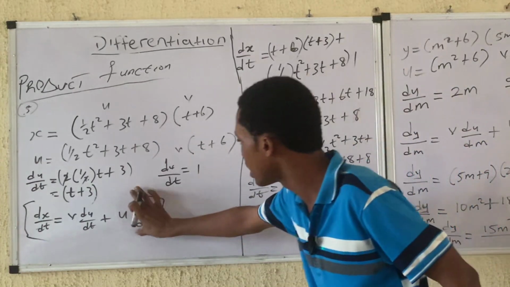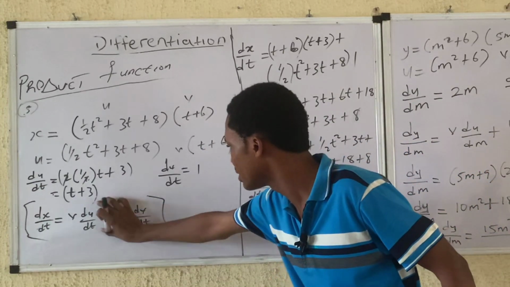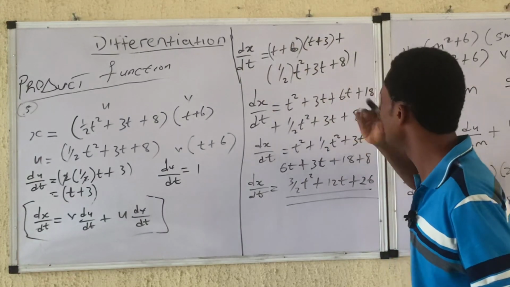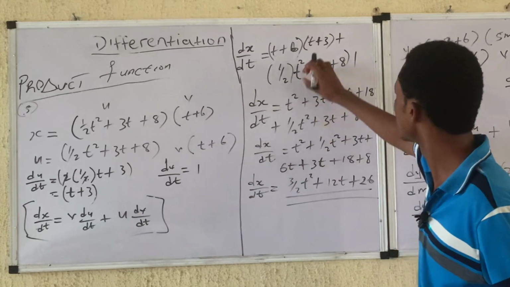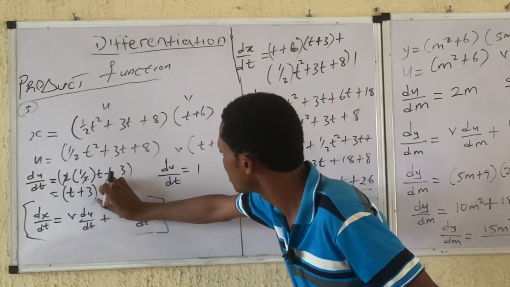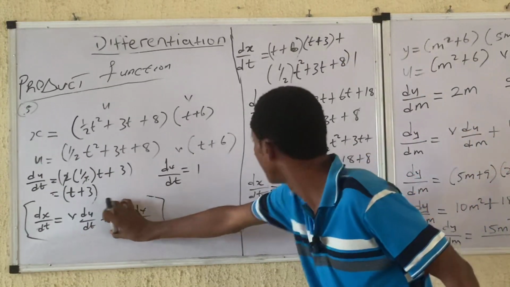Now, using the formula, dx/dt equals v du/dt plus u dv/dt. dx/dt equals our v, which is t plus 6, times our du/dt, which is t plus 3, that's what we have here, plus, which is the plus sign, bring it here.